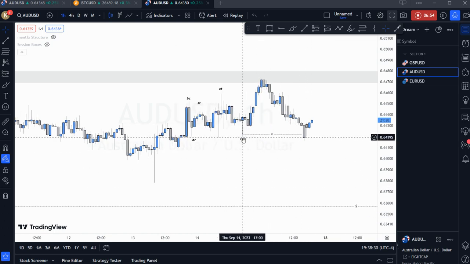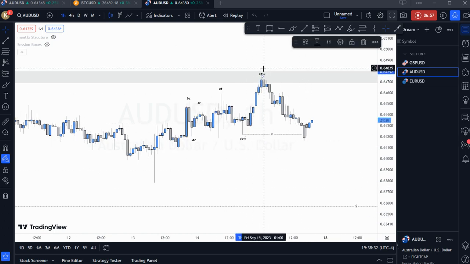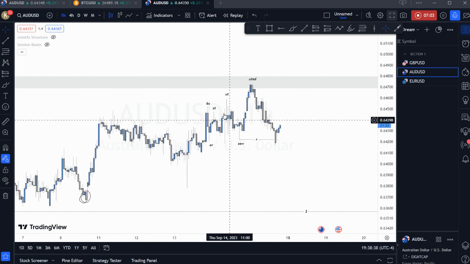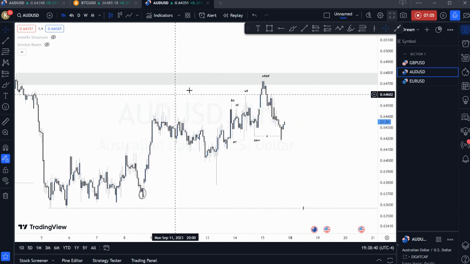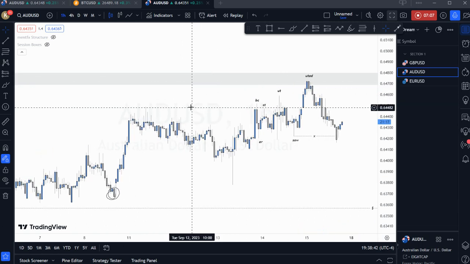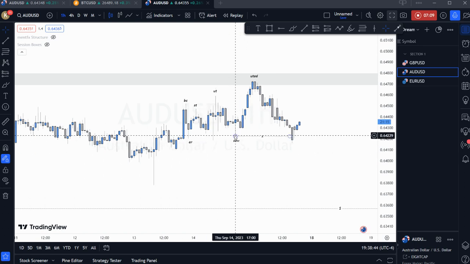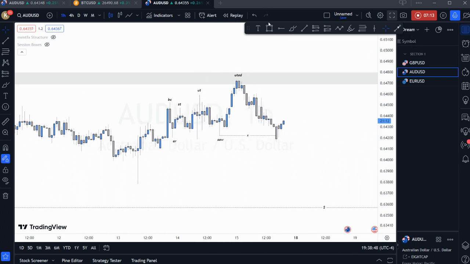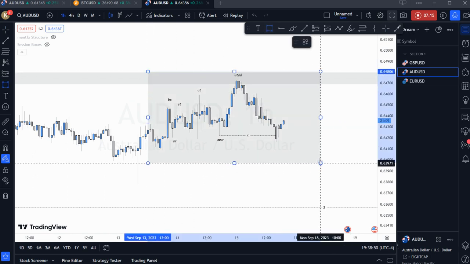And then the move up through all liquidity with volume, giving me a UTAD, upthrust after distribution, sweeping all prior highs, tapping into the actual supply, and then shifting structure to the bottom side. So this is everything I need to see to complete a full schematic.